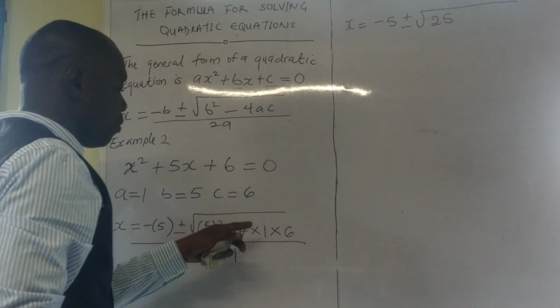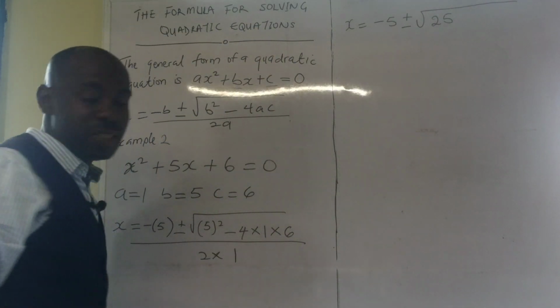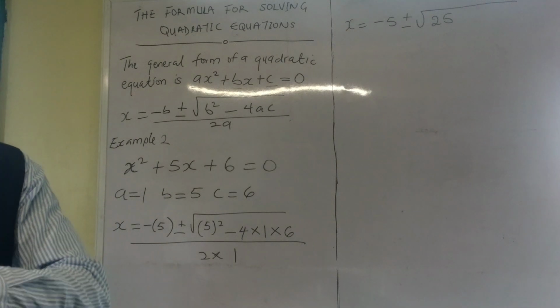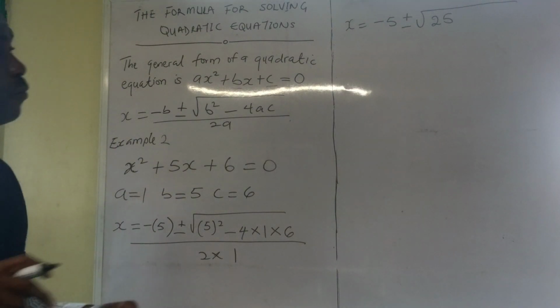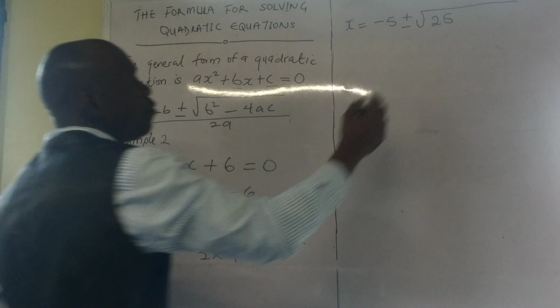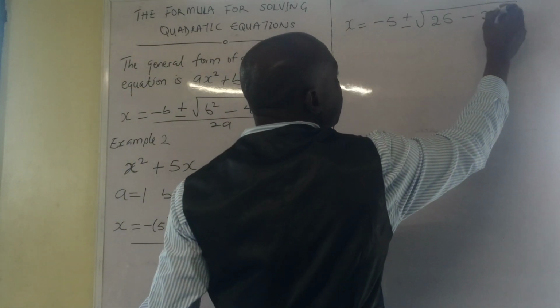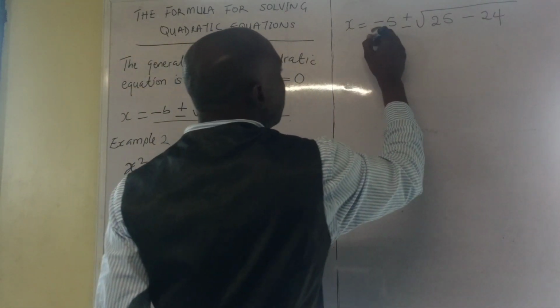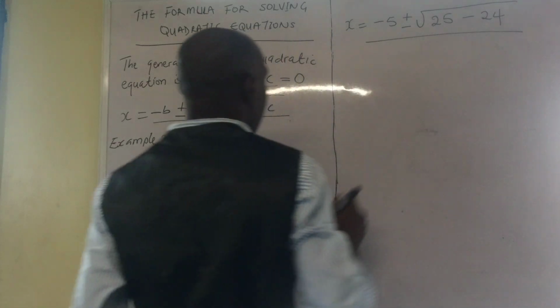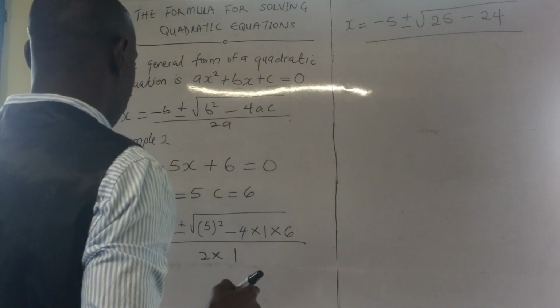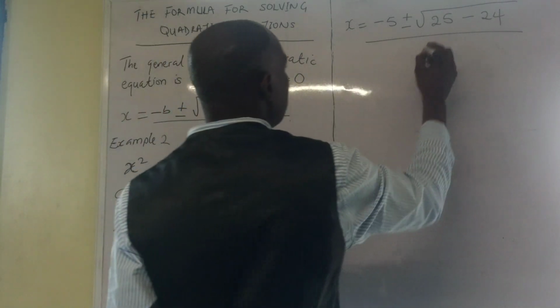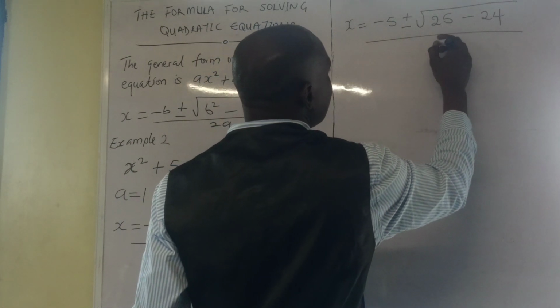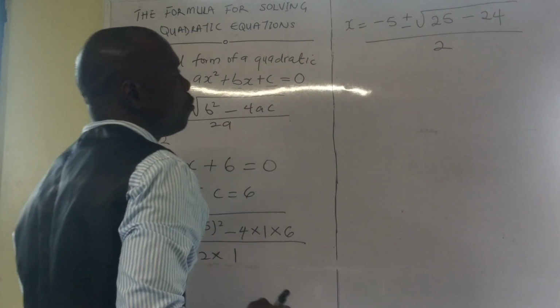Then 4 times 1, 4. 4 times 6, that's 24. So it's going to give us negative 24. So all over, here we have 2 times 1. 2 times 1, it still remains 2 here.